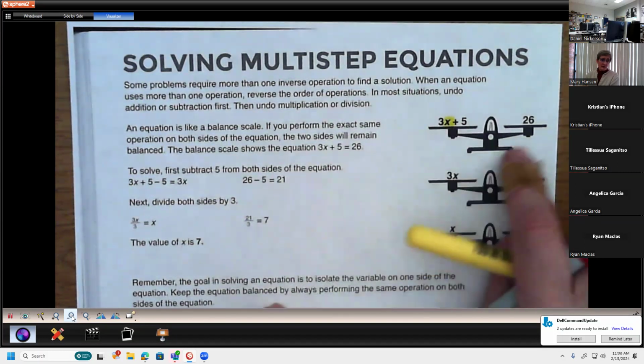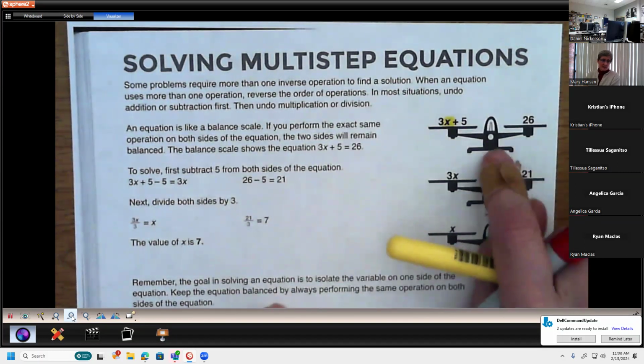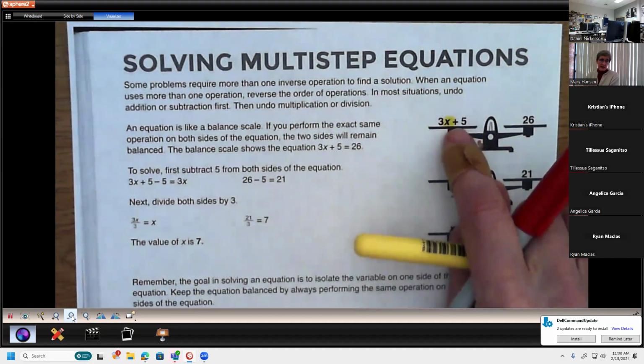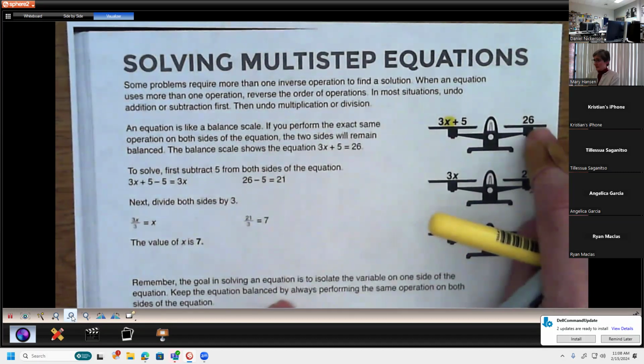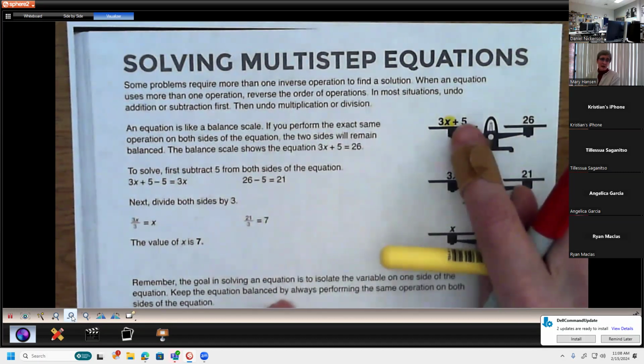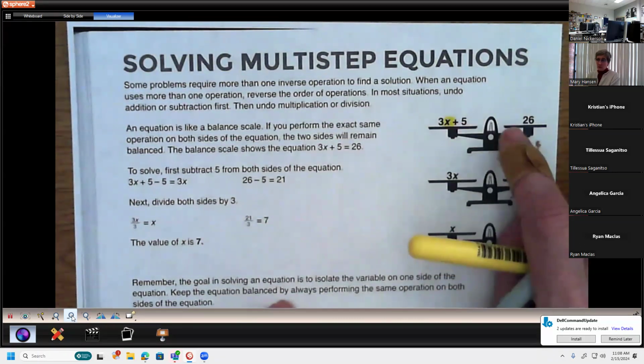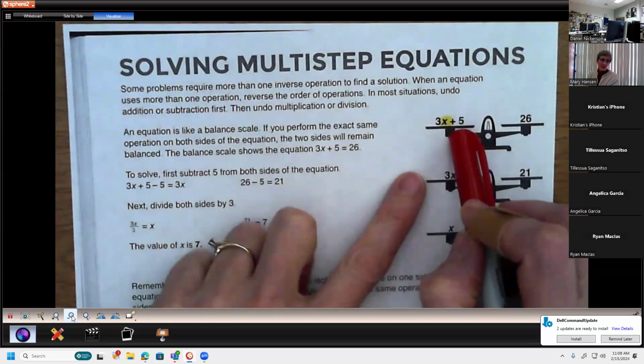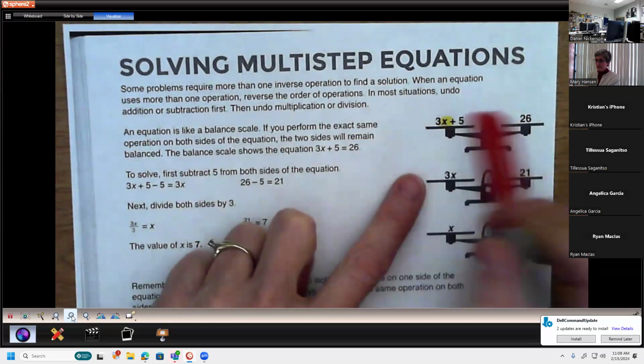And so this is a picture of that pan balance I was trying to draw earlier. This says 3 times x, or 3 x's plus 5 is equal to 26. And the idea is now we have to undo the 3 and we have to undo the 5 to figure out what the x is. And so the question is, what do we do first? Do we try to get rid of the 5 first, or do we try to get rid of the 3 first?